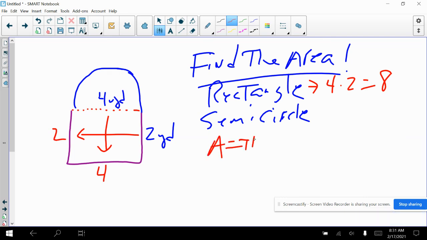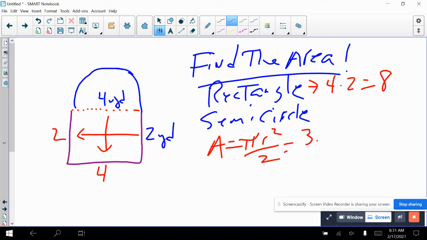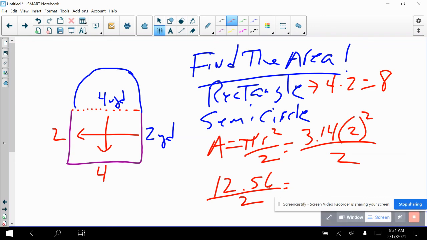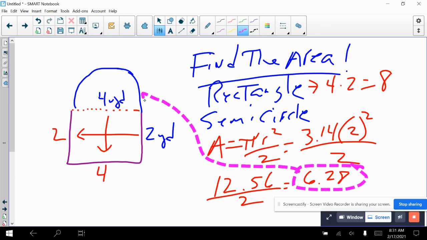All right, semicircle. Area is equal to pi r squared divided by 2, right? 3.14 times 2 squared. Very good. So we should get 12.56 divided by 2, which is going to give us 6.28.